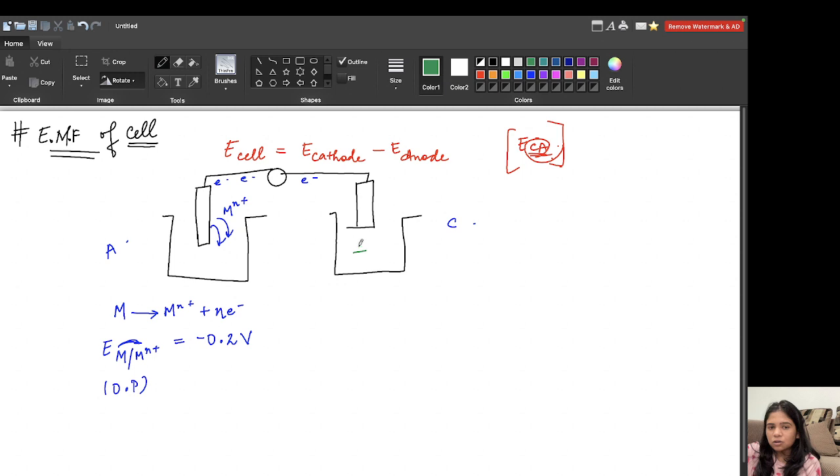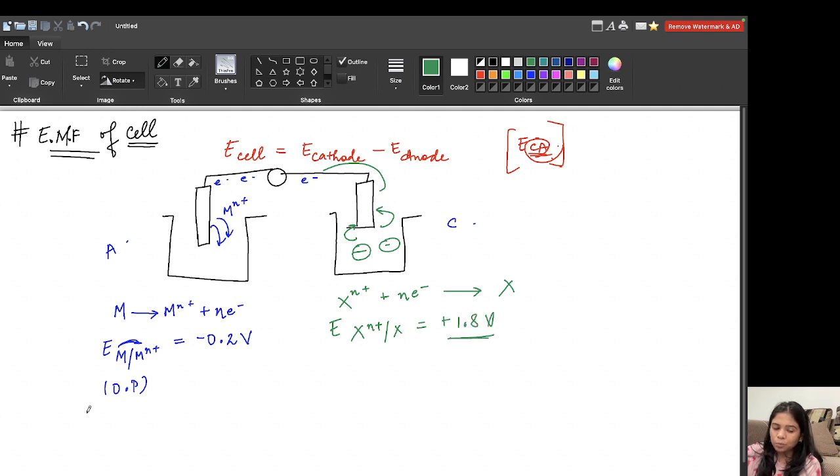Electrons will get attached here, so Xn plus will accept electrons to give you the metal X. Here you'll be getting E of Xn plus to X as plus 1.8 volt. This is a value I have given you. This is actually a reduction potential.